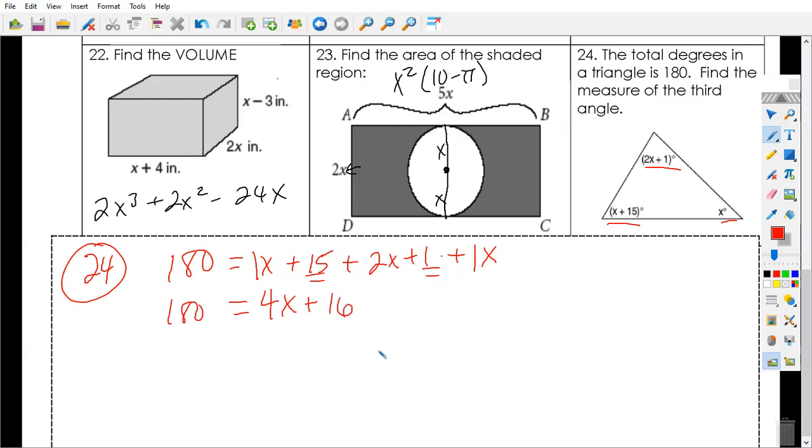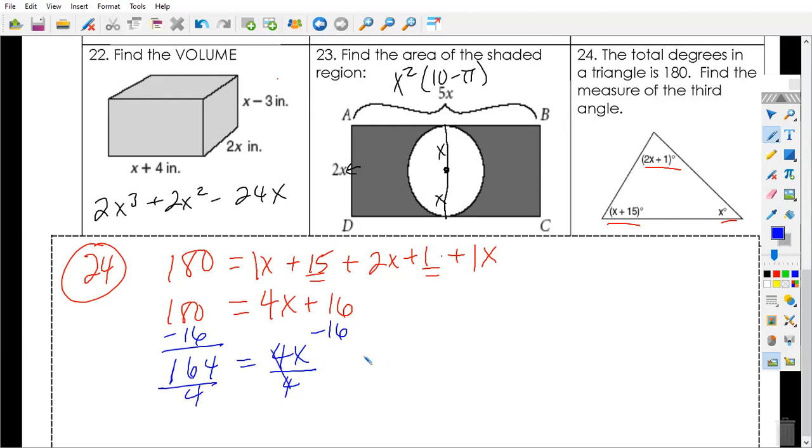16. Oh, look, a good old algebra problem. What are my two steps for this two-stepper? There we go. And what does that leave me with? 164. There we go. And then my last step is?